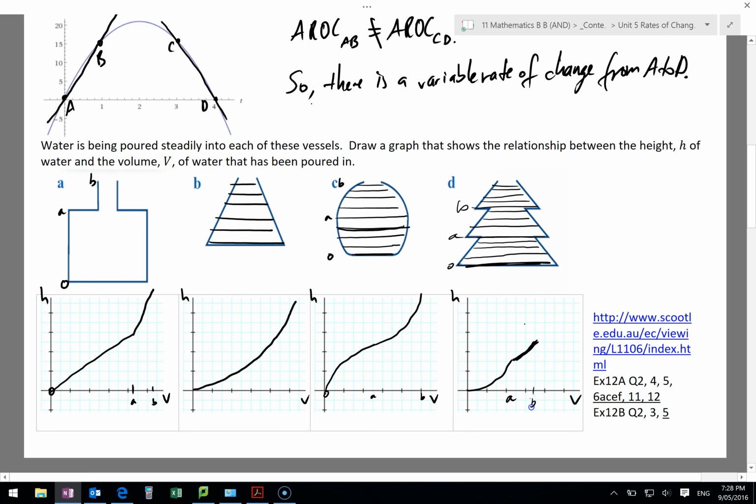To point B, and then again until we're full up the top. So I could probably draw this a little bit better. Looks something like that, where these little points are not smooth.